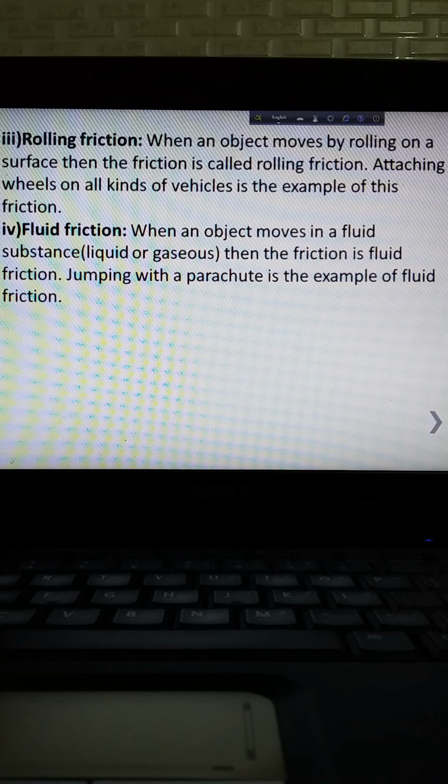The third one is rolling friction. When an object moves by rolling on a surface, then the friction is called rolling friction. Attaching wheels on all kinds of vehicles is an example of this friction.